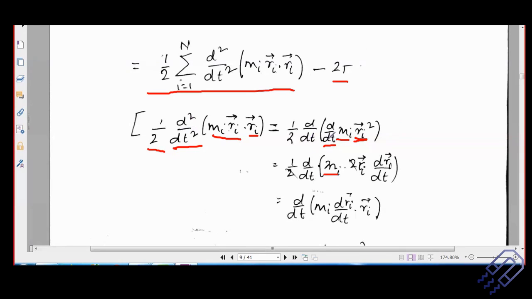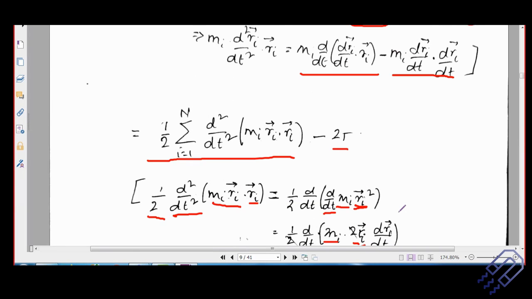So one d/dt I've kept outside and one d/dt I've taken inside. If I take d/dt of r_i square, it will be nothing but 2 r_i into dr_i/dt, normal differentiation, right? So these two and these two will get cancelled. I'll get d/dt of m_i dr_i/dt dot r_i. So you see this m is there, dr_i/dt is there, and r_i is there. Is this the term? Yes, this is the term.